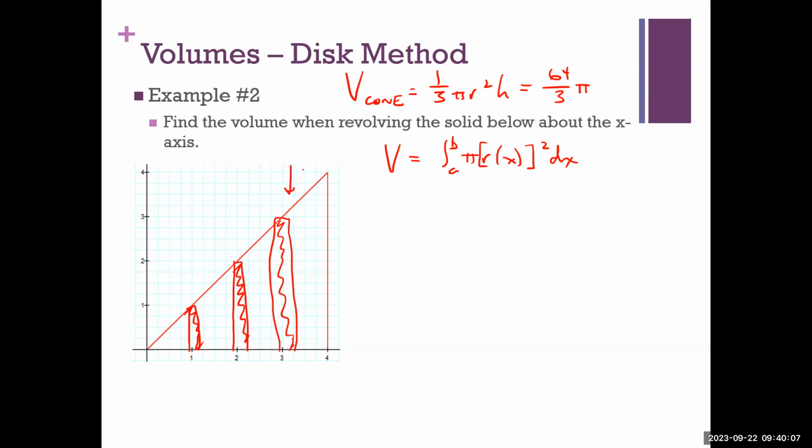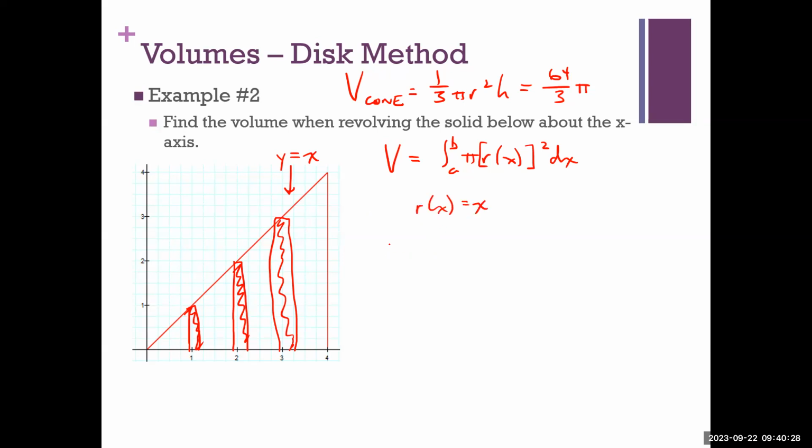Yes, this line right here is the unit y equals x function, slope of 1 through the origin. So because of that, can I say that R of x equals x?